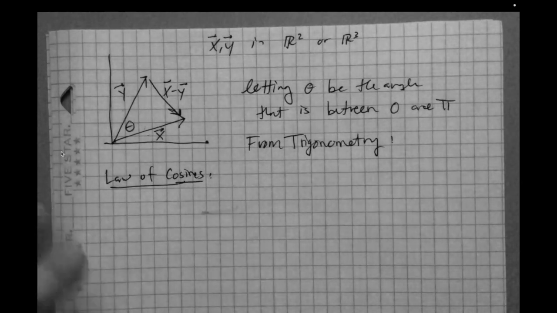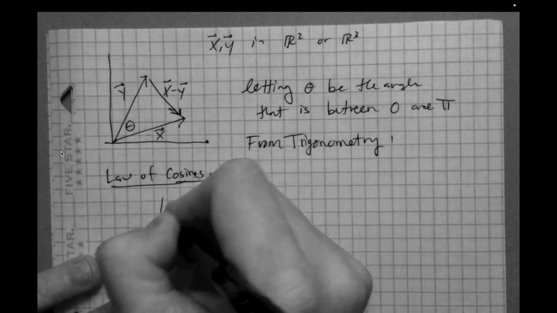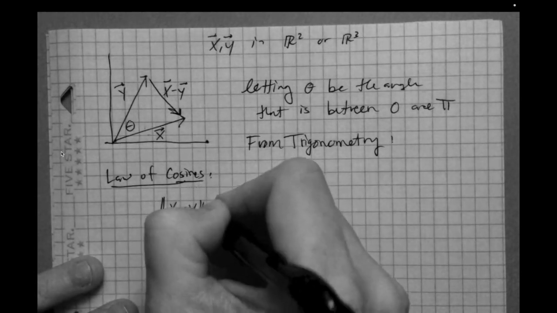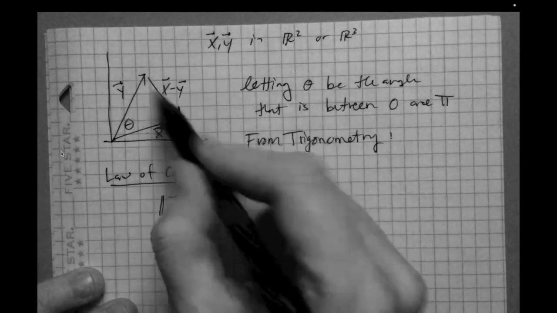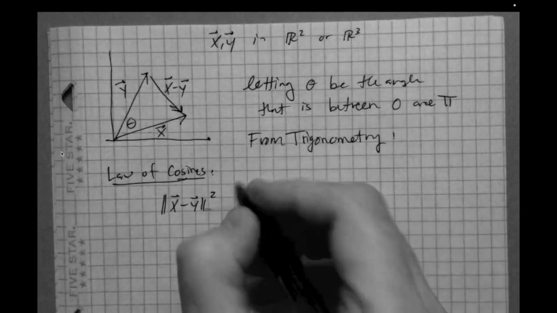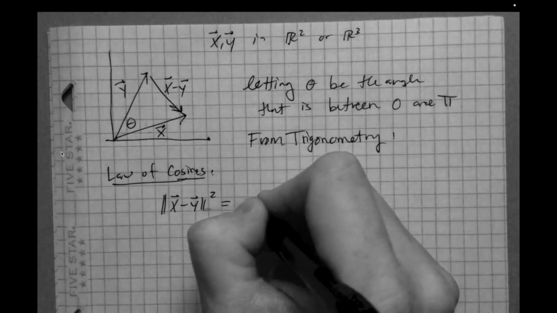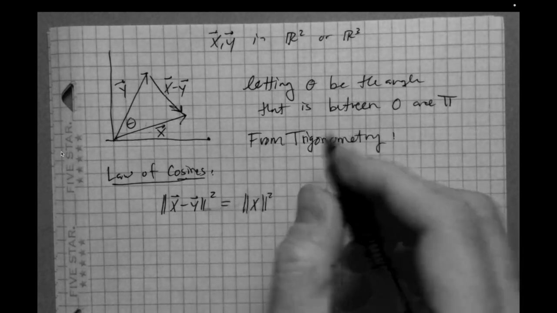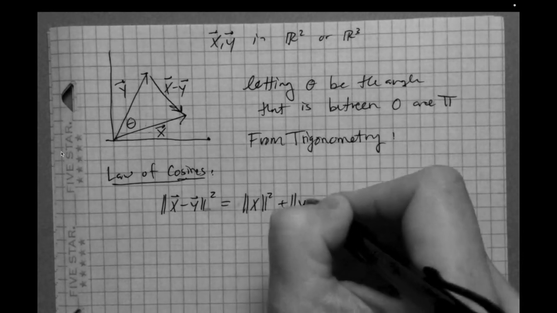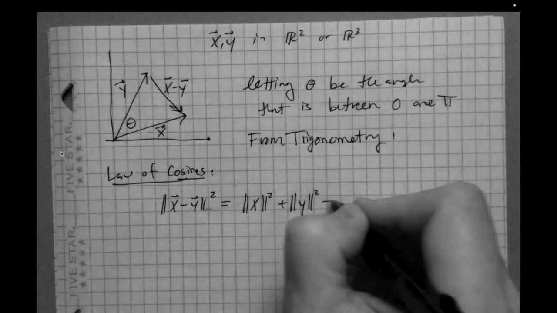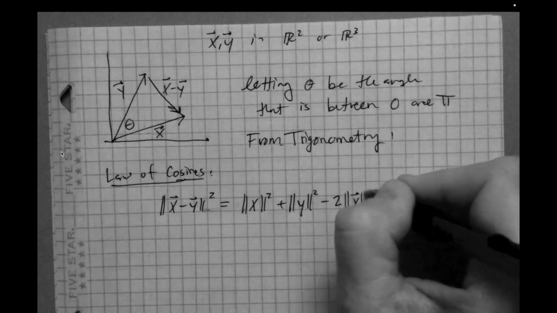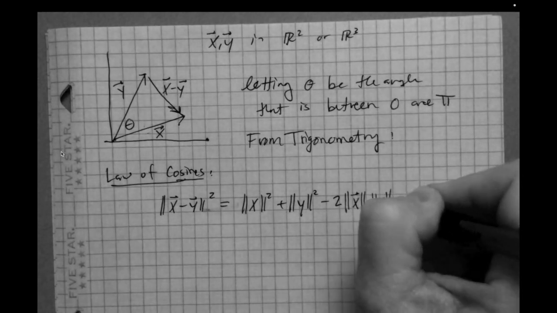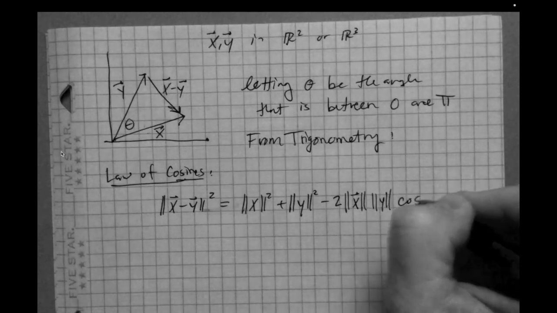The law of cosines in our context would be stated like this: the norm of x minus y, and remember, when I say norm, I'm just talking about the length. So the length of this side of the triangle is equal to the norm of x squared plus the norm of y squared minus 2 times the norm of x times the norm of y times cosine of theta.